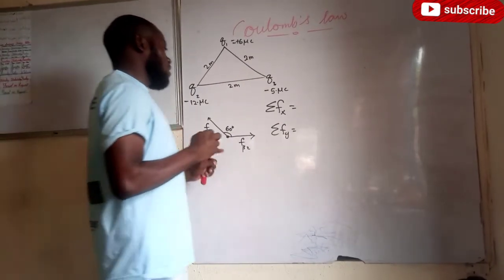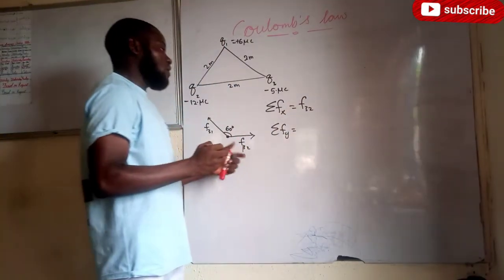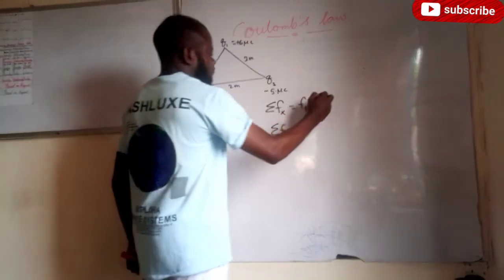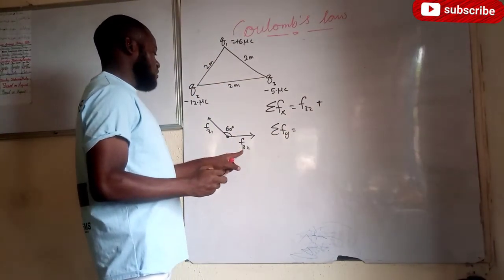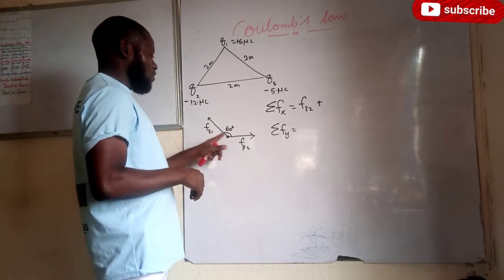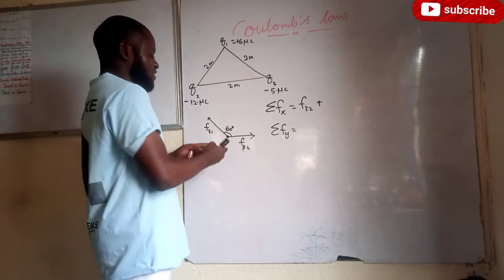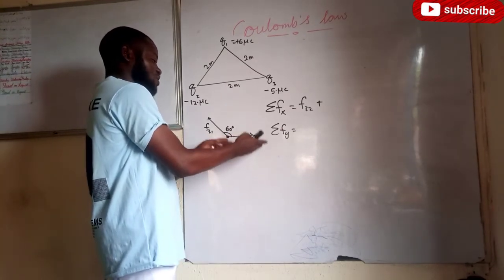So this is going to become F32. Are we together now? Then plus the horizontal component of this particular force. This is F32 now, which is the horizontal component of this. Are we together now? That is the force of attraction between these two.